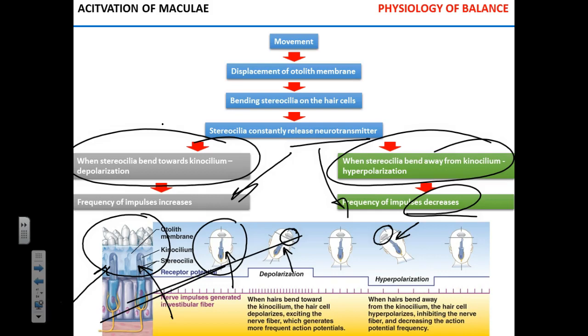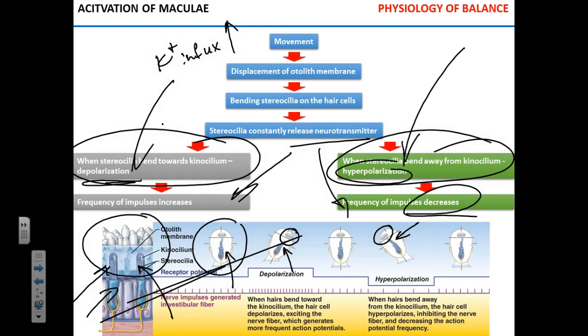The basic molecular mechanism is exactly the same as with hearing. It's all about potassium flow. Does that make sense? Okay? So the hair cell depolarizes because potassium influx increases.